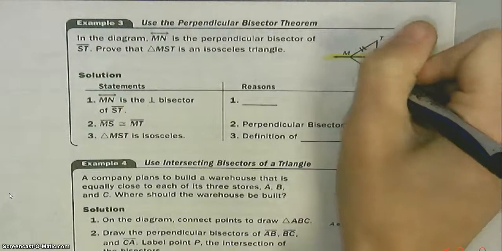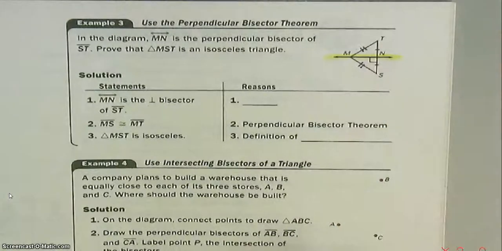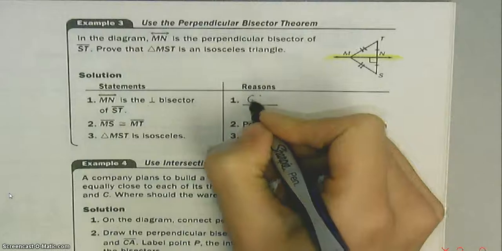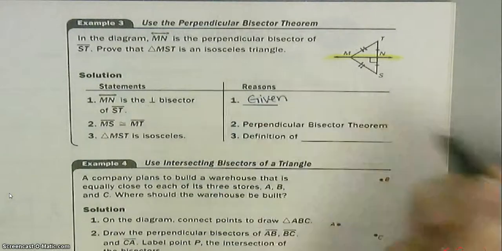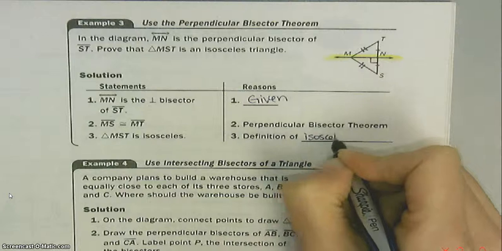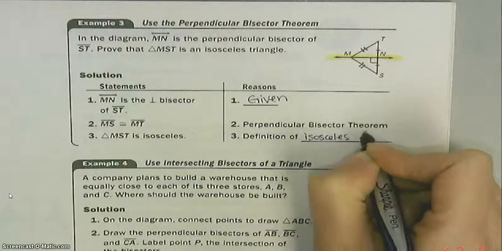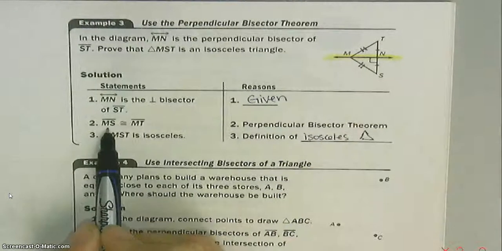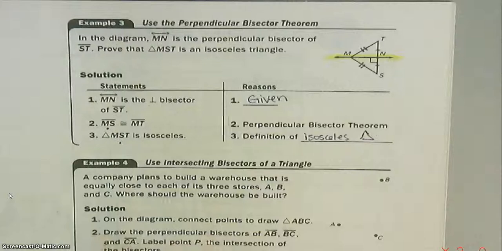So this distance is equal to this distance. So look, we have an isosceles triangle. That's what the definition of an isosceles triangle is, that you have two sides the same. Look, here are two sides the same. That's how I know it's isosceles.